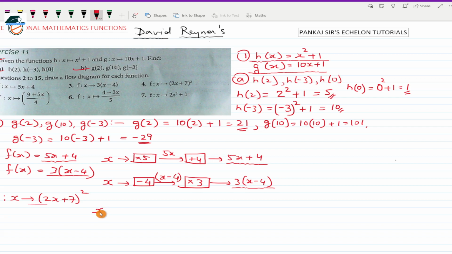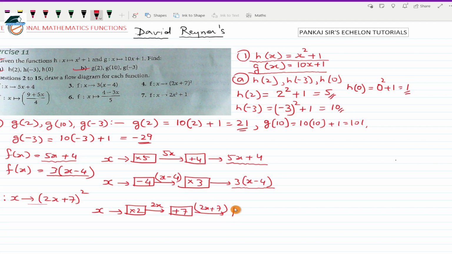So let us start with the x. It goes into a factory. First it is getting multiplied by 2. So I'll write here 2 times. What you get is 2x. What happens to it next is it is getting added by 7. So I'll write plus 7. What I'm getting is 2x plus 7. I'm writing this in the bracket as well.